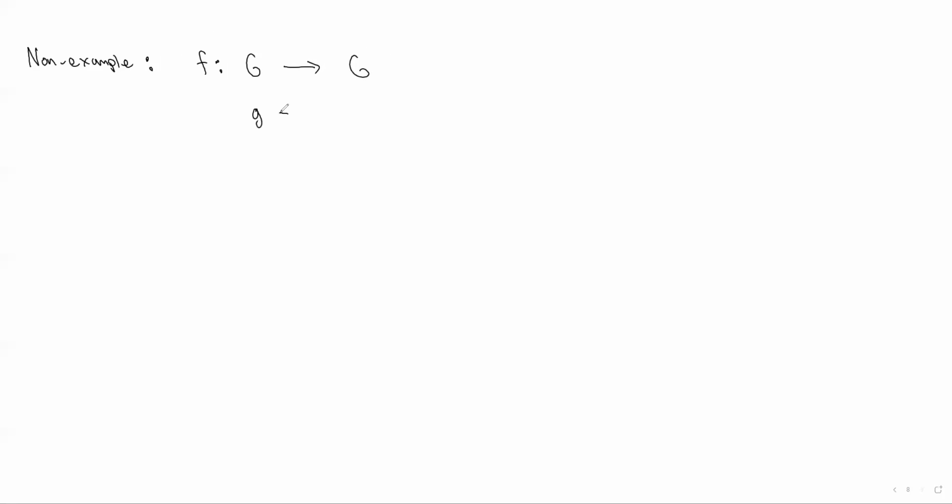So g goes to g to the n. This is a homomorphism if n equals 1, first of all, because then it's just an identity map. Or if G is abelian. So if G is abelian, then it's a homomorphism.